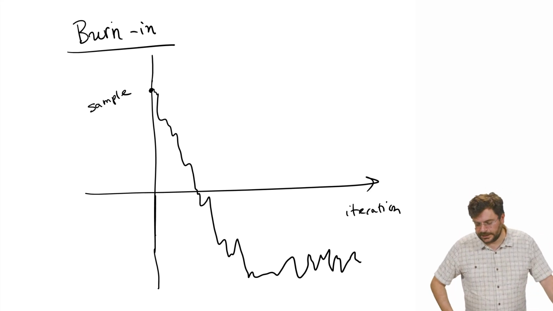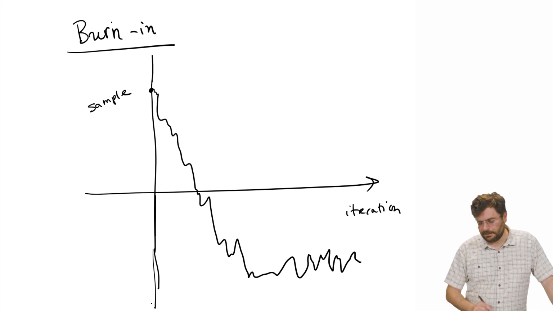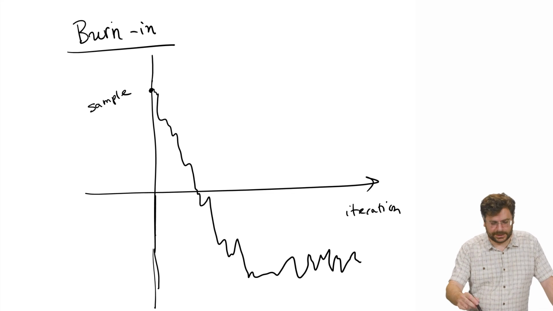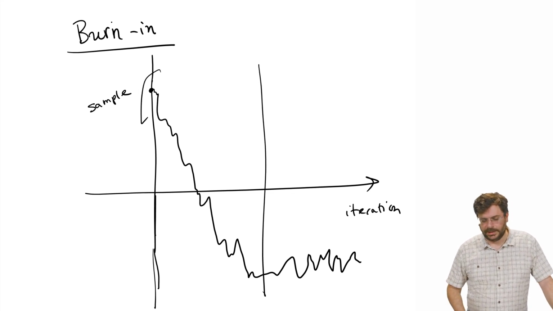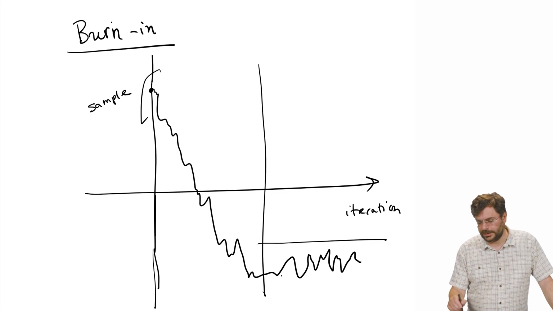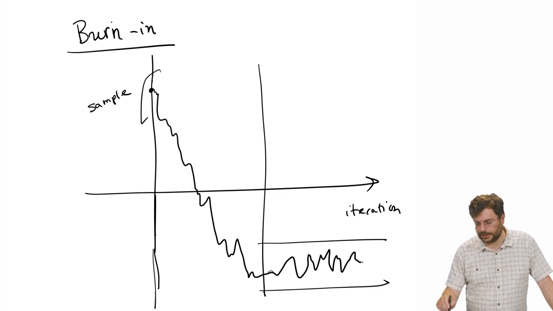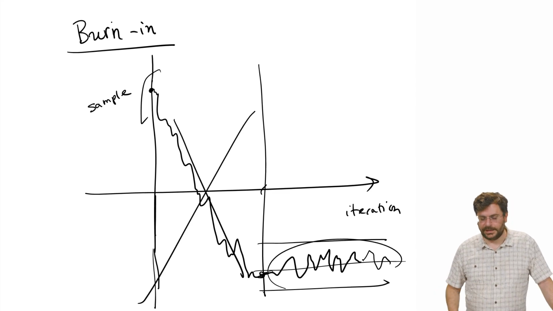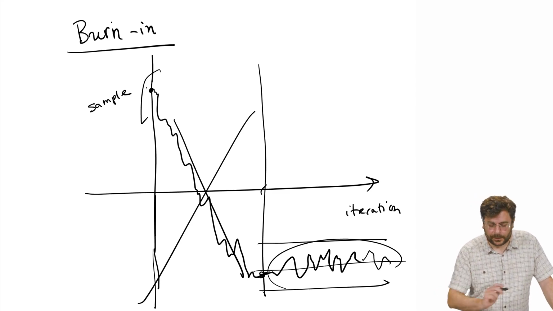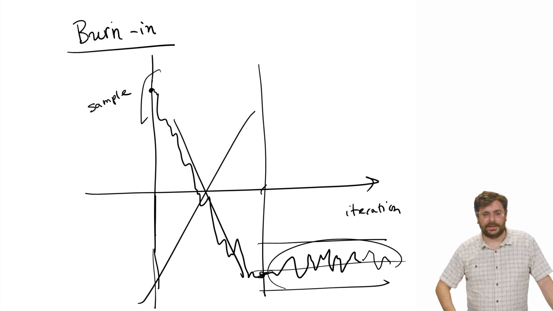So the idea is you would basically say, well, it looks like this region from here to here, roughly speaking, is not being drawn from the posterior, because at the point at which you've reached this region, you are roughly constant. So the idea is basically to take all of these samples and then exclude them from your analysis.